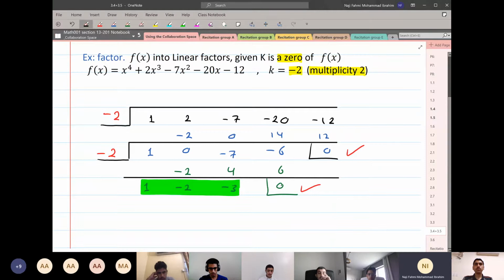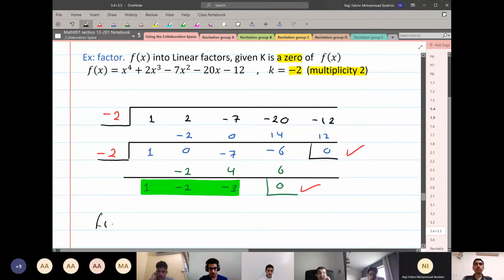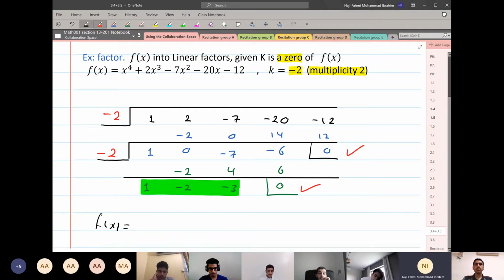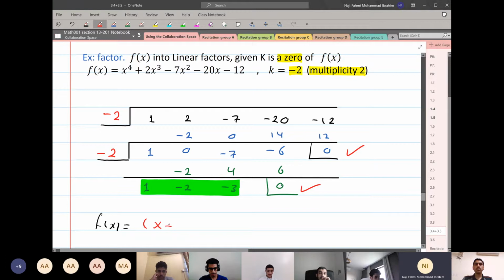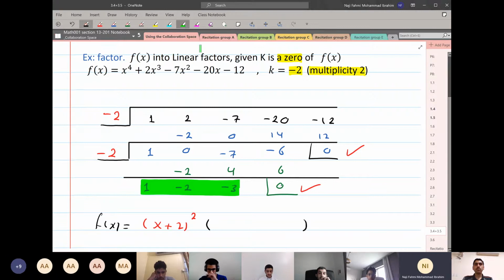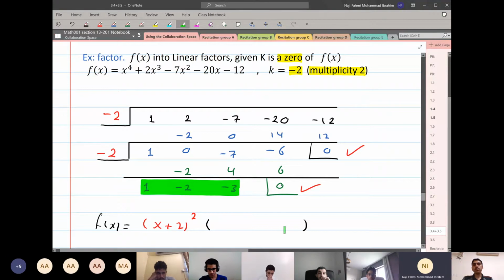So f of x will equal x plus 2, which is the factor that is given to me. But what's the power of that factor? It is 2, multiplied by the green one. And this green one is x squared minus 2x minus 3. Why?